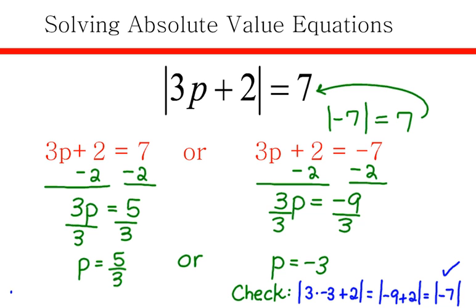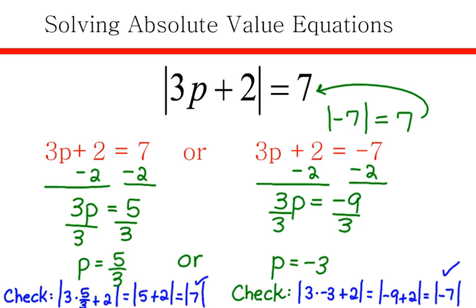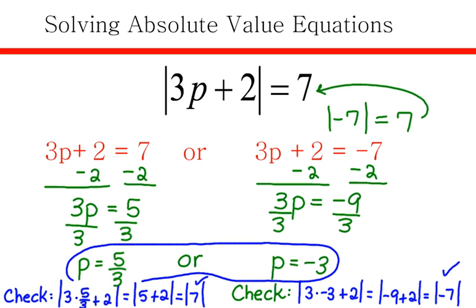And if I check over here, the absolute value of 3 times 5/3 plus 2. Well, 5/3 times 3 is 5, so that's the absolute value of 5 plus 2, which is the absolute value of 7. So these are our 2 answers.